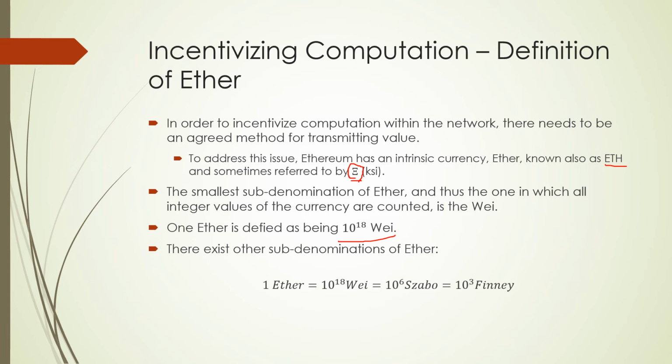And there are some other subdenominations of Ether other than Wei, which is basically used for specifying the values in the Ethereum network using a whole number, using an integer.